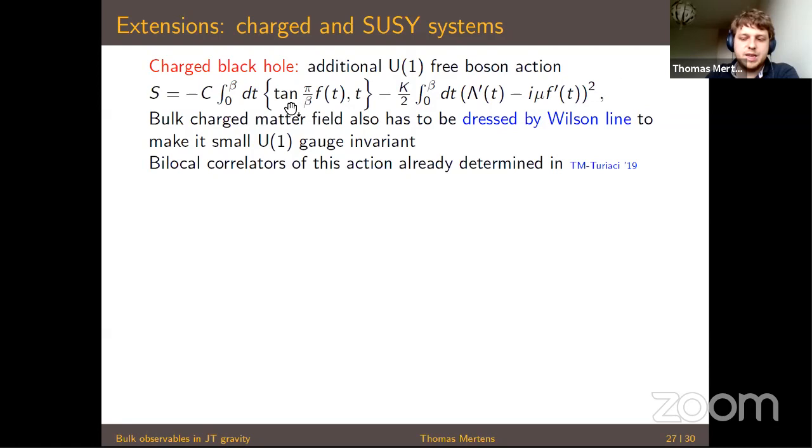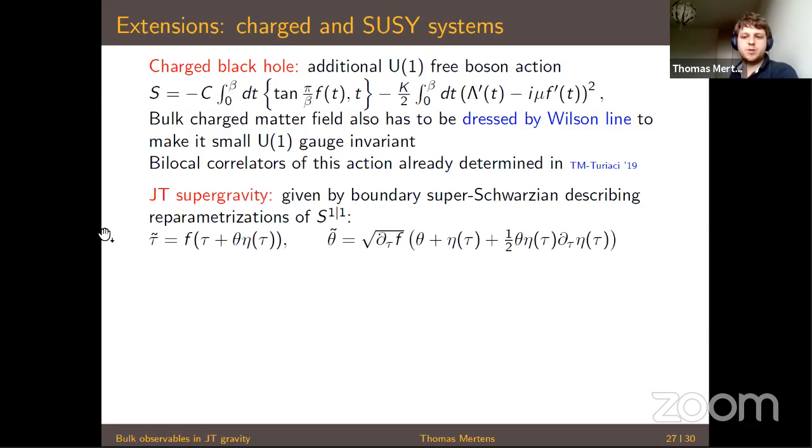But then you have to take care of the fact that if you define a bulk observable, next to fixing the diffeomorphism gauge symmetry, you should also fix the U1 gauge symmetry, which means you should further address this by an electromagnetic Wilson line. This is something we are looking at, so it is not completed, of course.